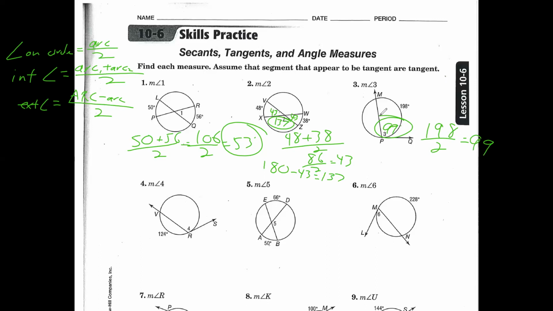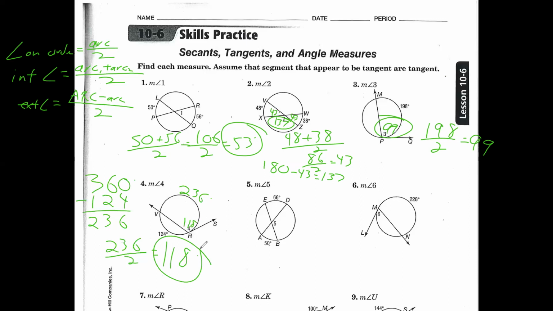We know that all the arcs in a circle should add up to what total? 360. So 360 minus the arc that we know leaves us with 236. So that's this arc. Now that we know that arc, we divide it in half to get the angle. So 236 divided by 2 is 118.